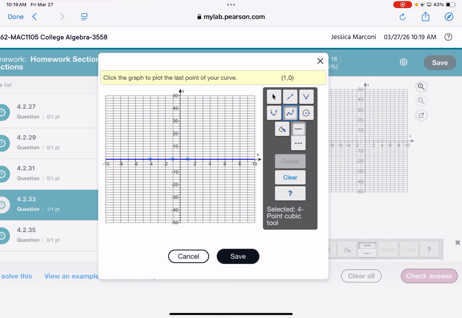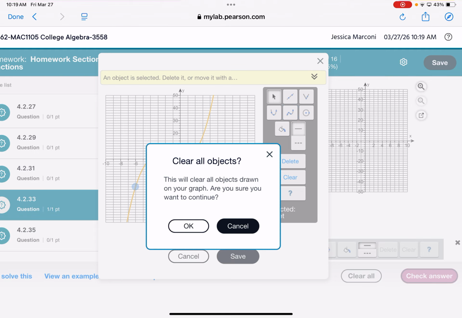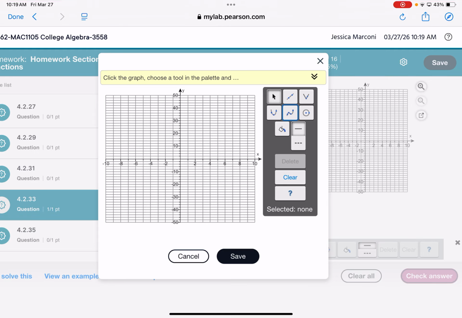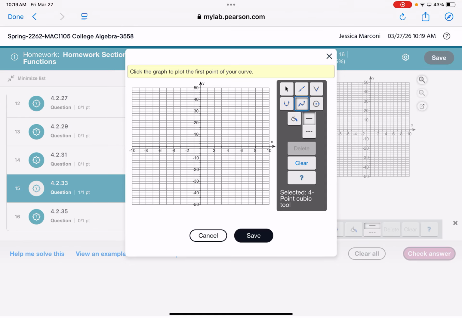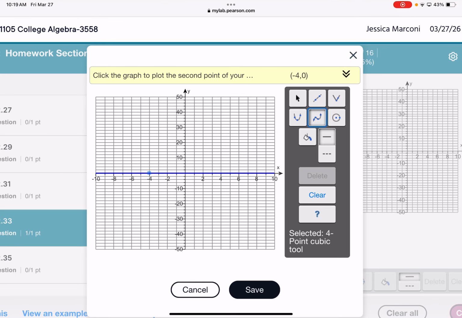Okay? So what I would suggest to you, I guess it doesn't really matter. I just plotted one more point, a random one, not the right one. So I'm just testing stuff right now, sorry. -4, -1, and 1.